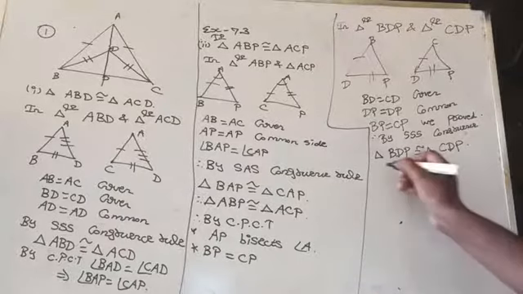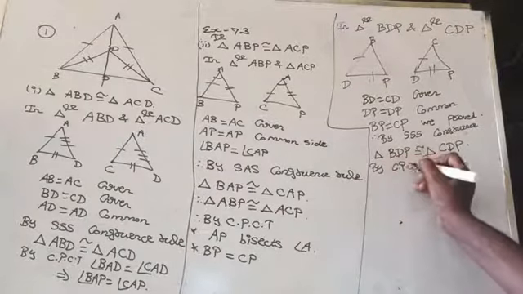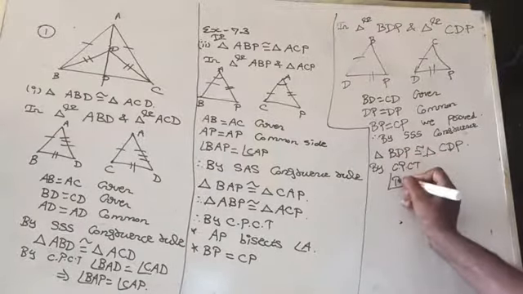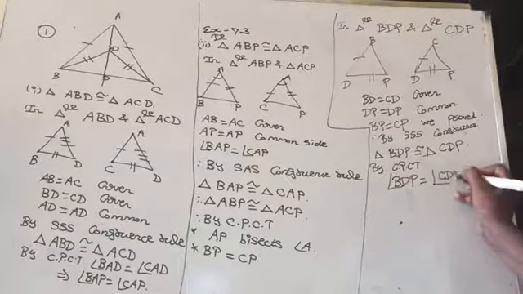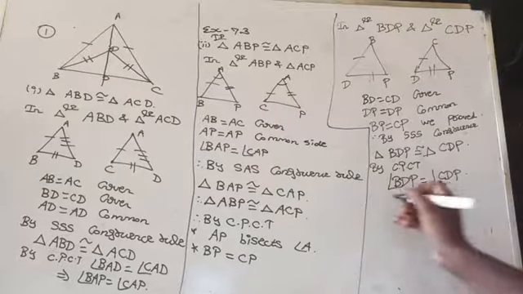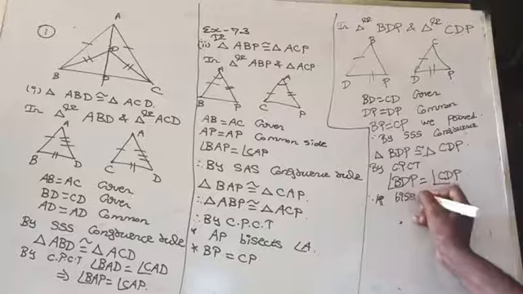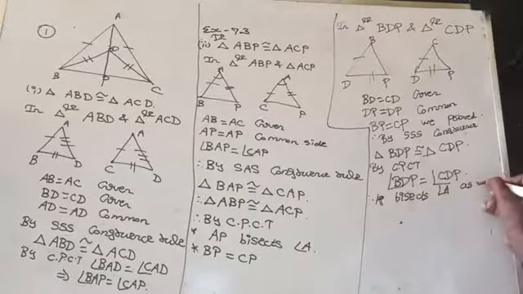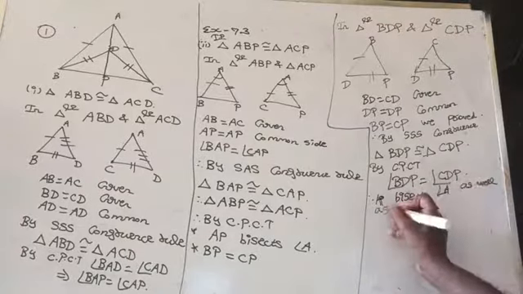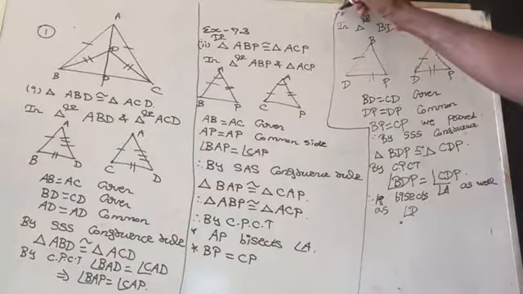So by CPCT, angle BDP equals angle CDP. Therefore AP bisects angle A as well as angle D.